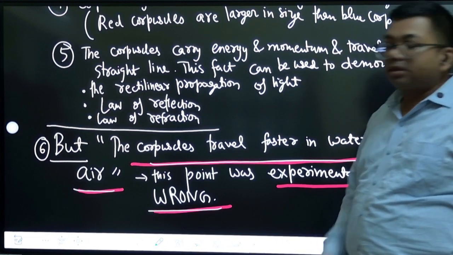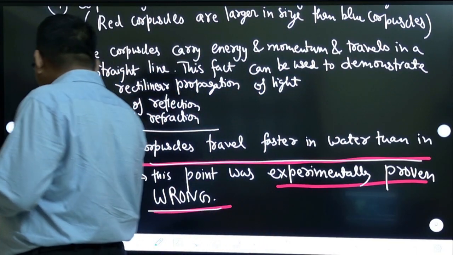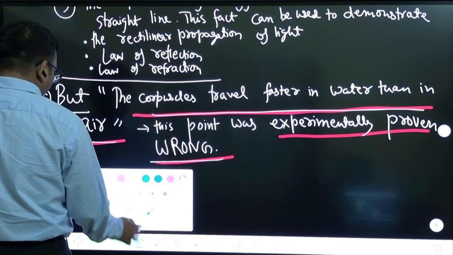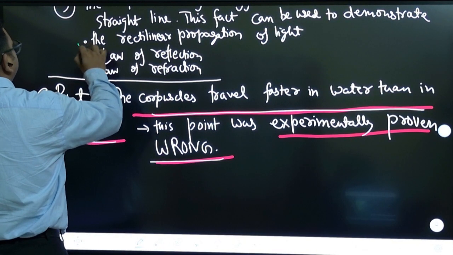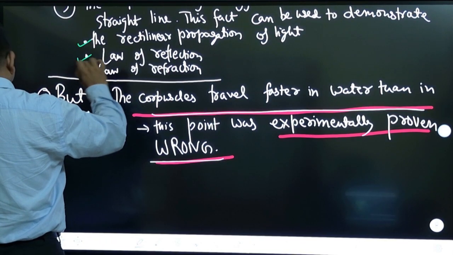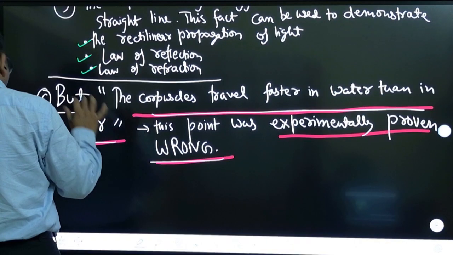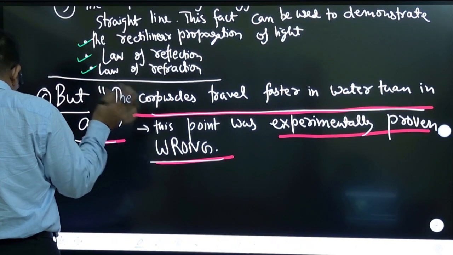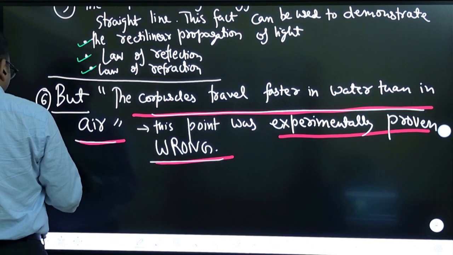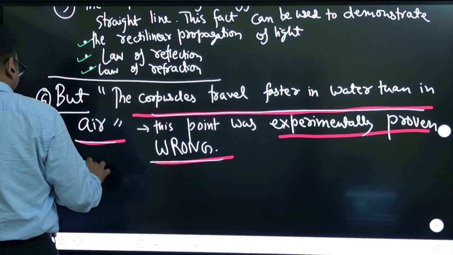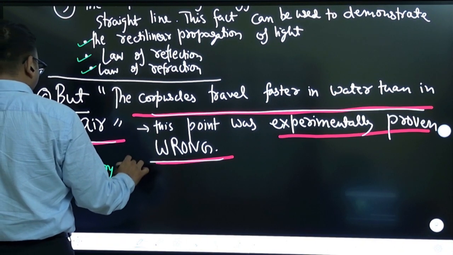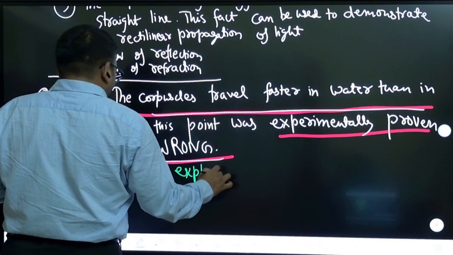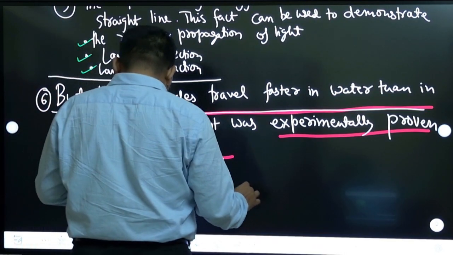Okay, people rejected his idea, and what else could he explain with his theory? Already I told you, he could explain rectilinear propagation and the law of reflection. But his theory also failed to explain some of the important things of light.